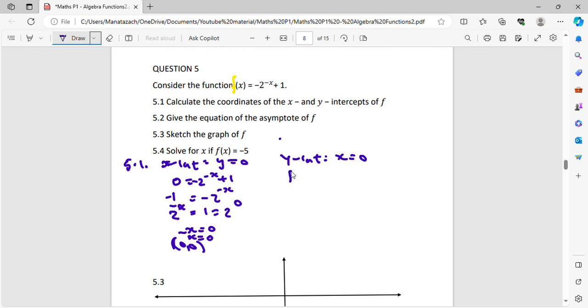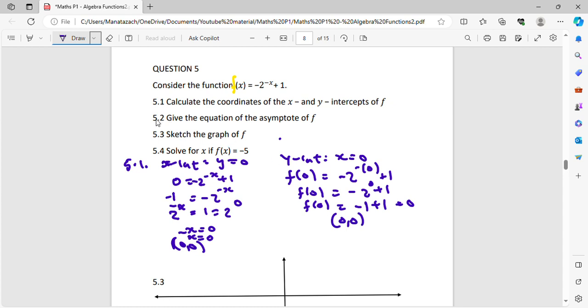So we're going to say minus 1 plus 1 is 0. The y-intercept is also (0, 0).